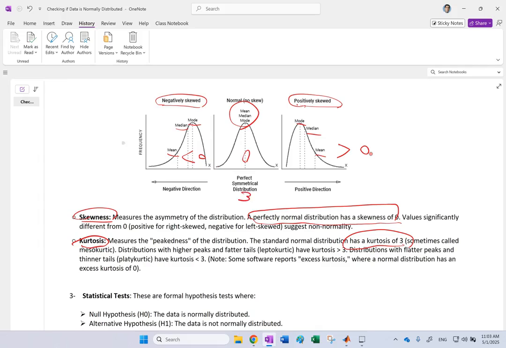But if it was much sharper than this, or it was kind of flatter like this, and we call them leptokurtic and platykurtic, this kurtosis is bigger or less than 3, okay? So that can also help you.